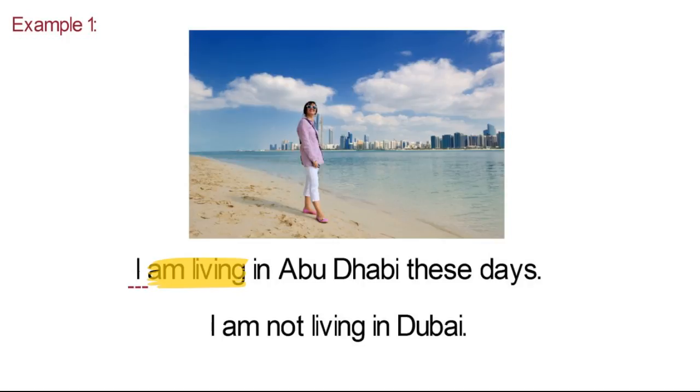The subject of the second sentence is also I. The verb is am not living. It is negative. This example shows what I am doing nowadays. It shows a longer action.